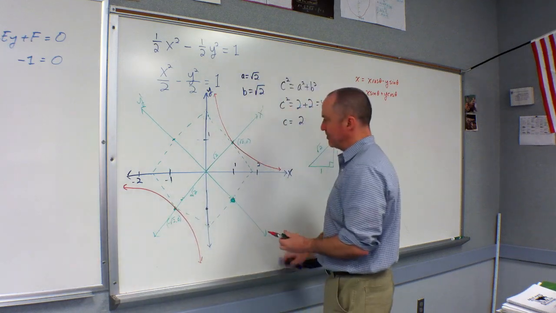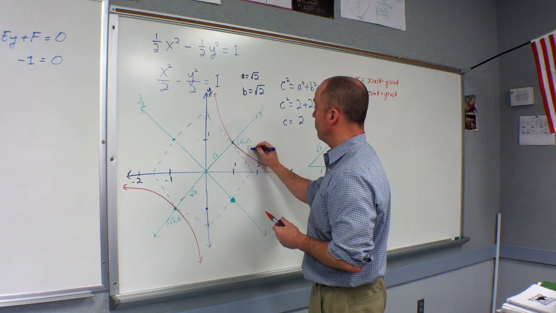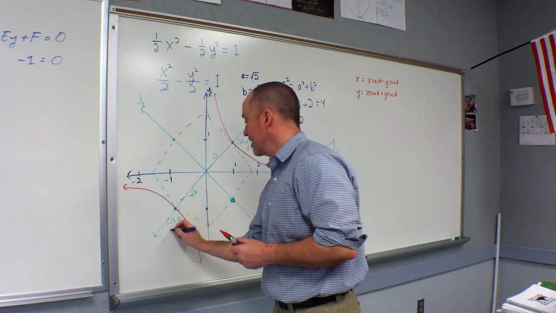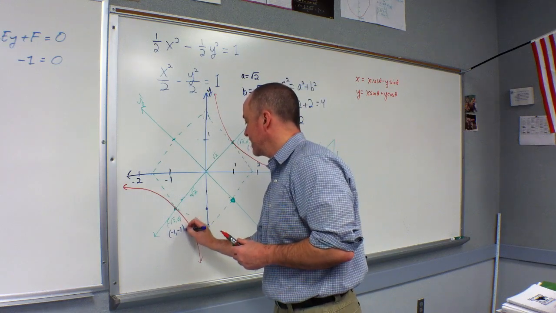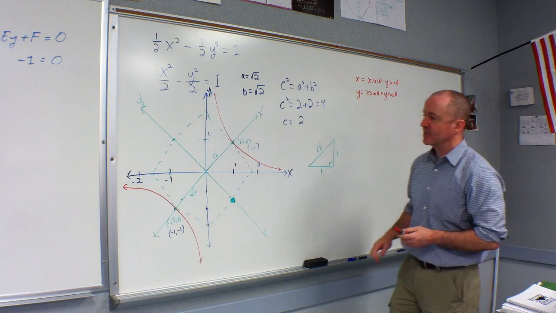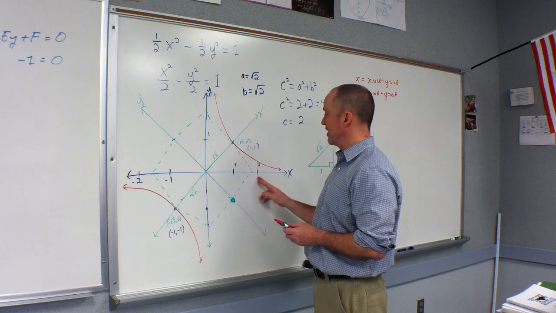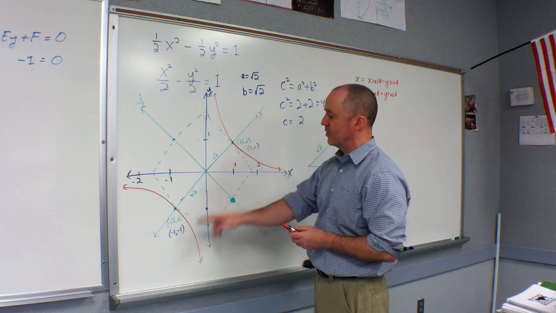But if we were using the blue axis as our orientation, this would be the point 1, 1, and negative 1, negative 1.